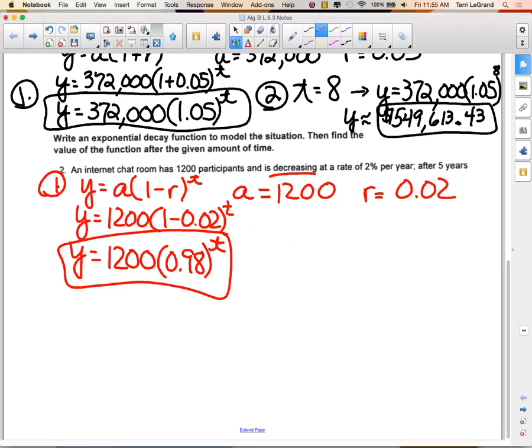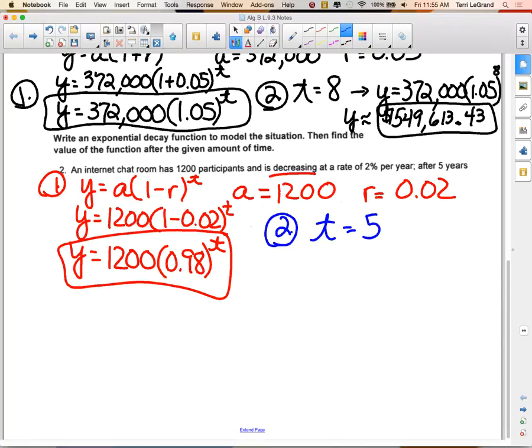Okay. Now we're ready to move on to step number 2, which says you're going to figure out how many participants this will be after how many years? 5 years, so T equals 5.